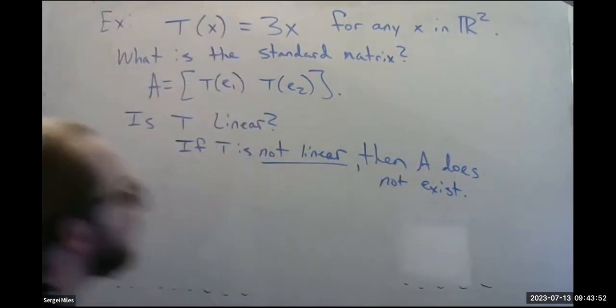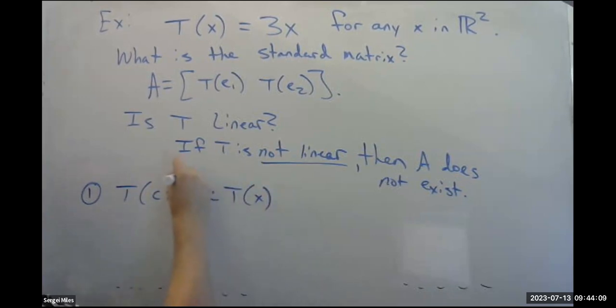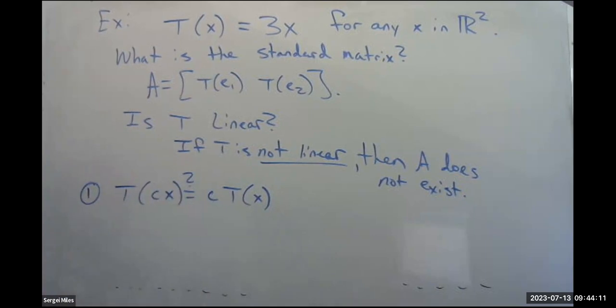Is it linear? Well, how do I find out if it's linear? There were 2 things we have to check for linearity. One, I need to see, if I take a vector and I multiply it by some constant scalar, can I pull the scalar outside, right? I need to know if this is possible. Okay, so how do I check?